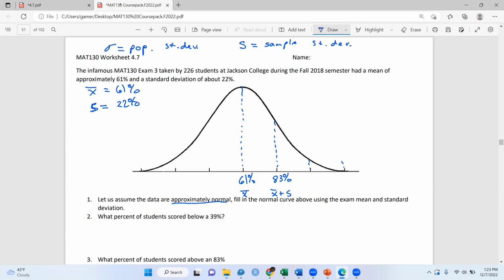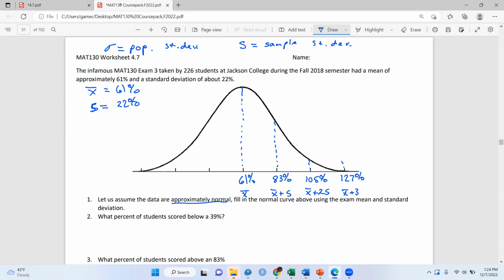Add 22% to this, and we get 105%. That would be X bar plus 2 standard deviations, because I added 22% to 61% twice. Do it one more time: add 22 to this, and I get 127%. That's X bar plus 3S.